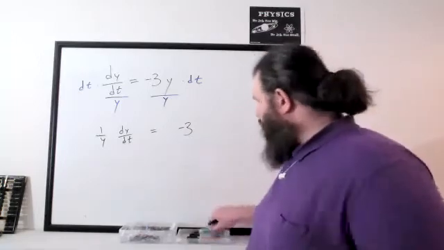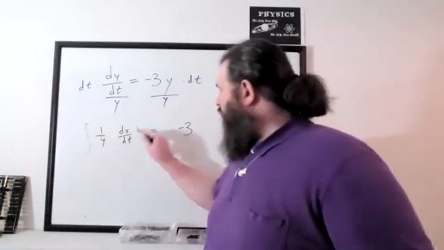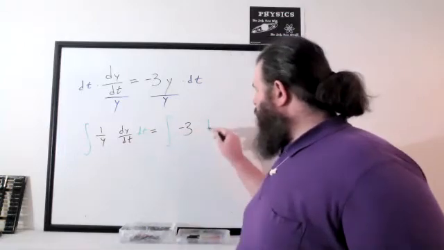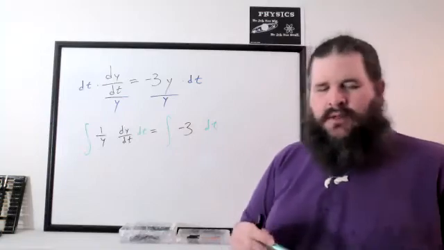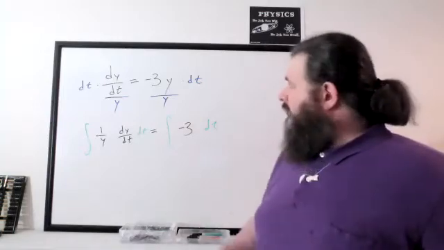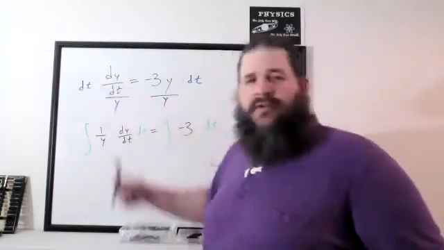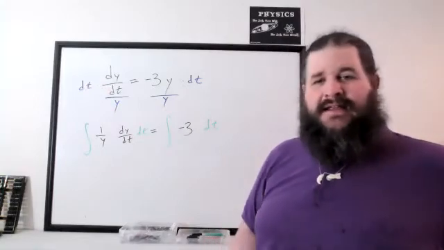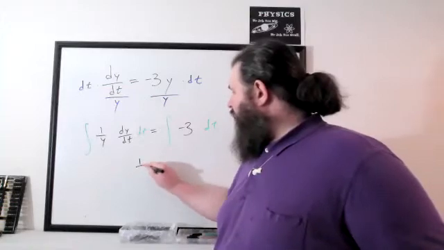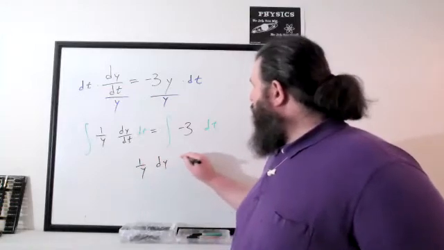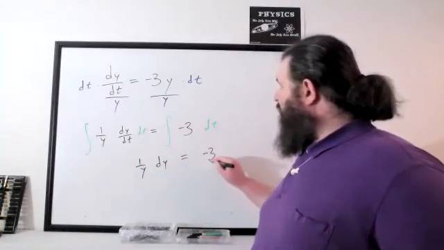Formally, we're taking the integral of both sides with respect to t. The dt's cancel out, we get an integral with respect to y. But you can also write that as, if you imagine just multiplying both sides by this imaginary thing called dt, you could imagine the dt's canceling out, so you get 1 over y dy equals -3 dt.